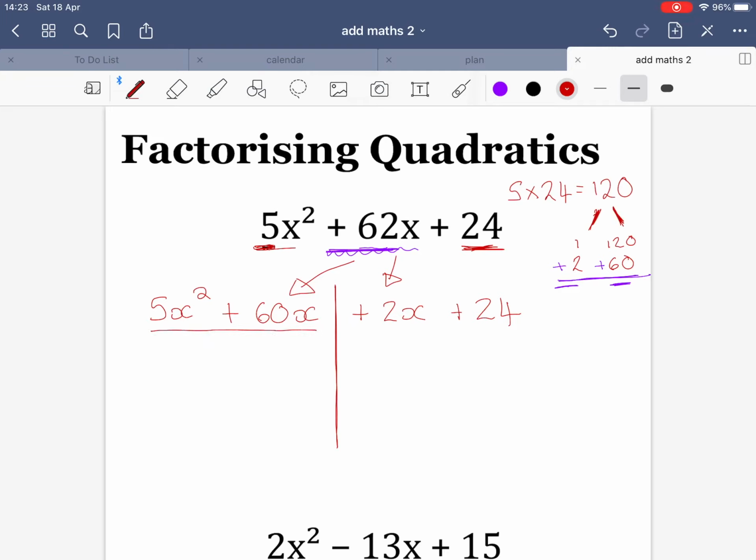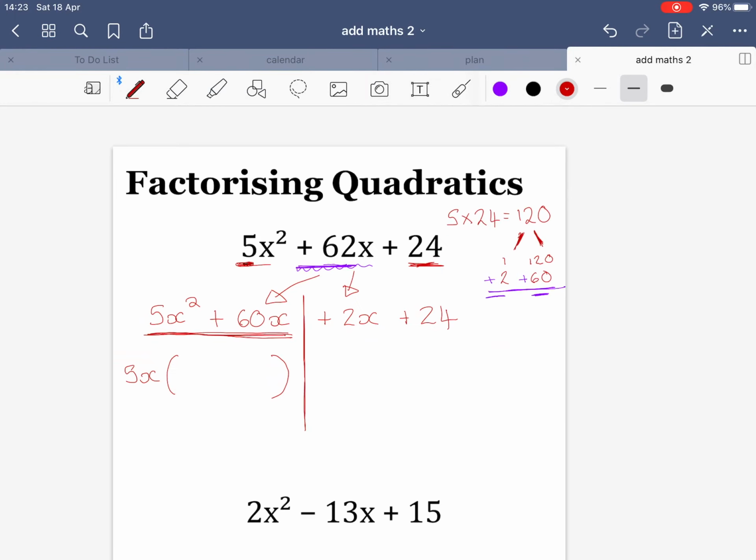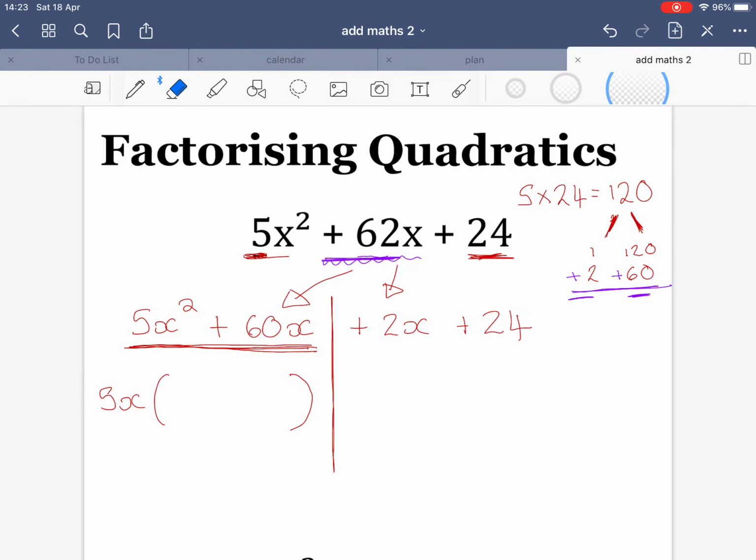Just concentrating on this first half, I want to put that into single brackets. So what goes into 5x squared and 60x? Well, 5 goes into both of them, and there's also an x, so 5x needs to come on the outside of my bracket. Then I need to think, 5x times what gives me 5x squared?